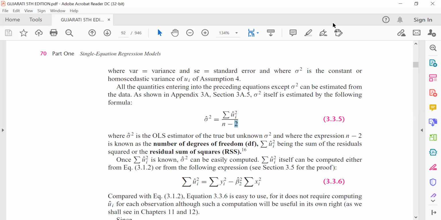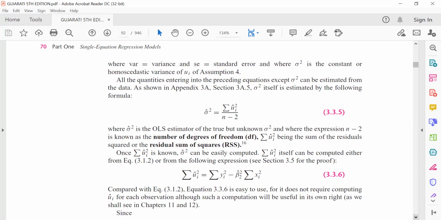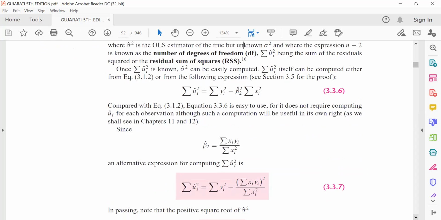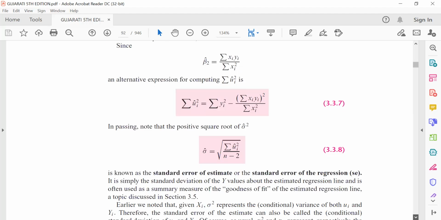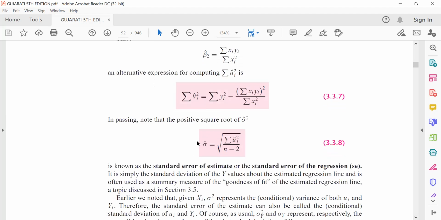In this case, k is 2. Okay, this one is the standard error of the estimate, or the standard error of the regression.